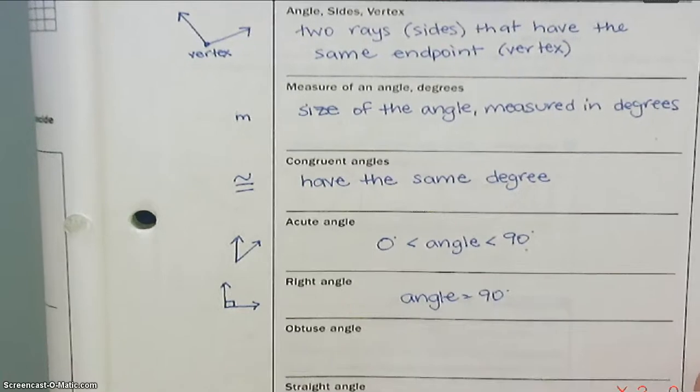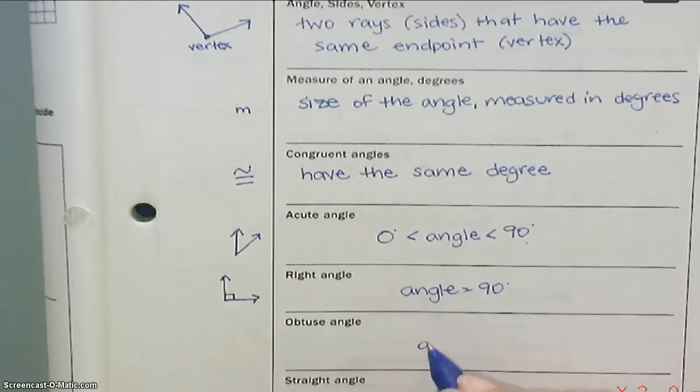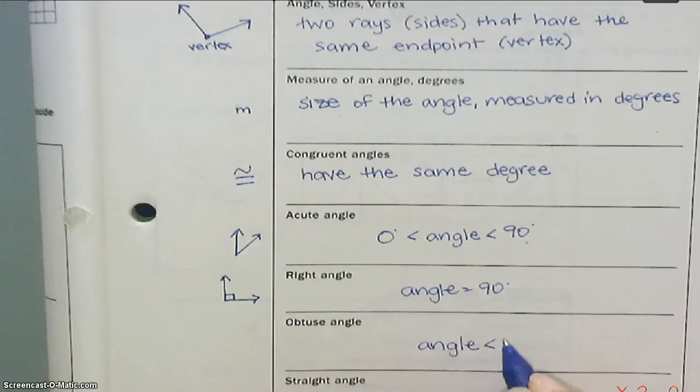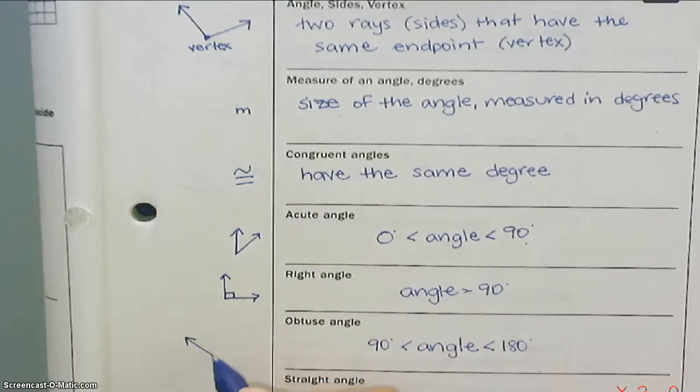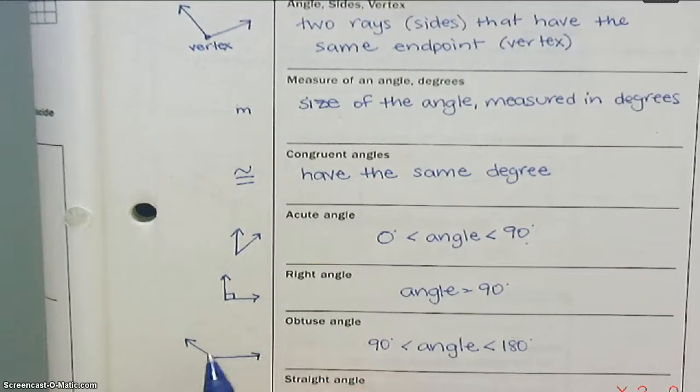An obtuse angle is bigger than 90, but it has to be less than 180 degrees. So it's between 90 and 180. It's a little bit more wide open. See this nice wide opening.